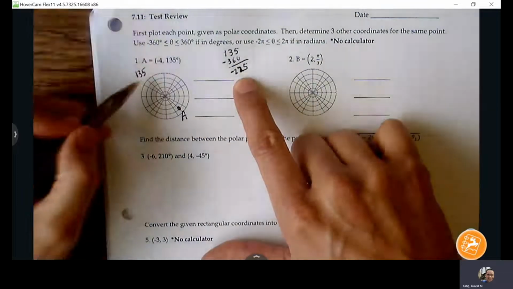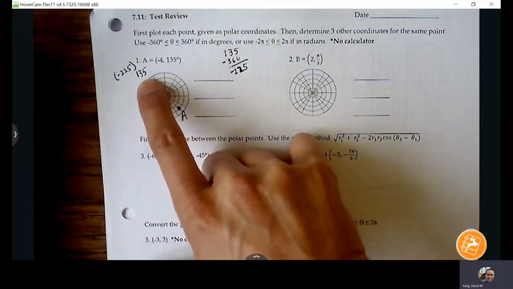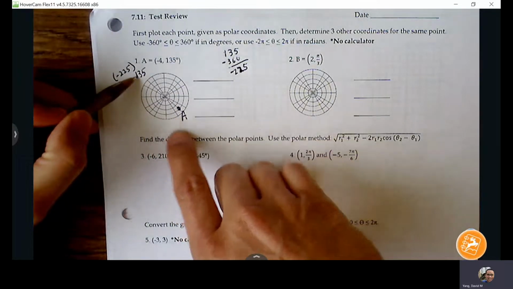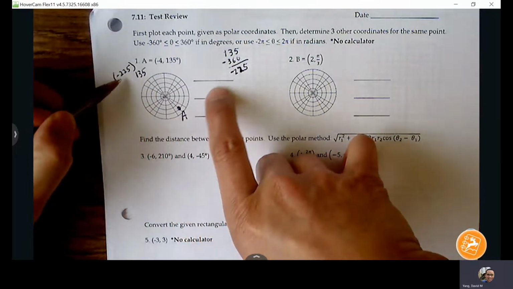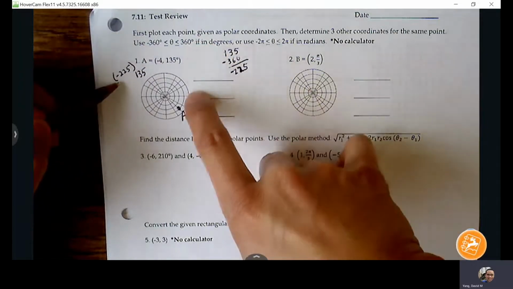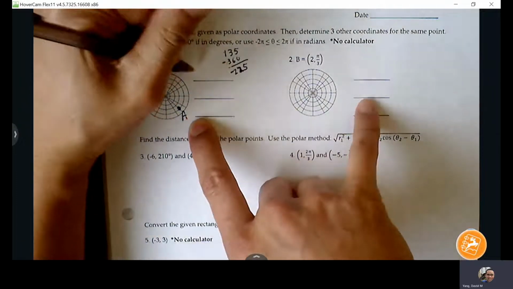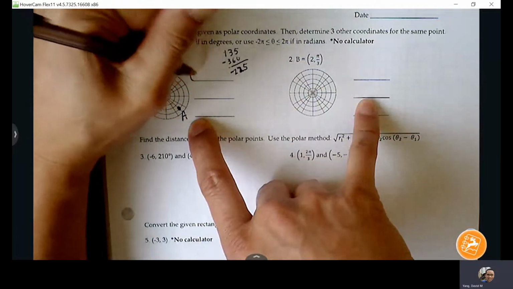So we know that negative 225 is another name for 135 degrees, right? Subtract this angle from 360, and we're still in the range from negative 360 to 360, and we're still walking 4 units away, so it'll be -4.